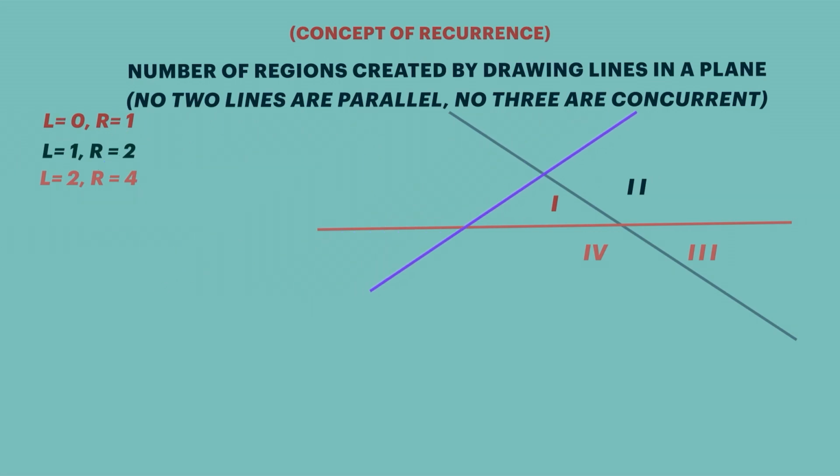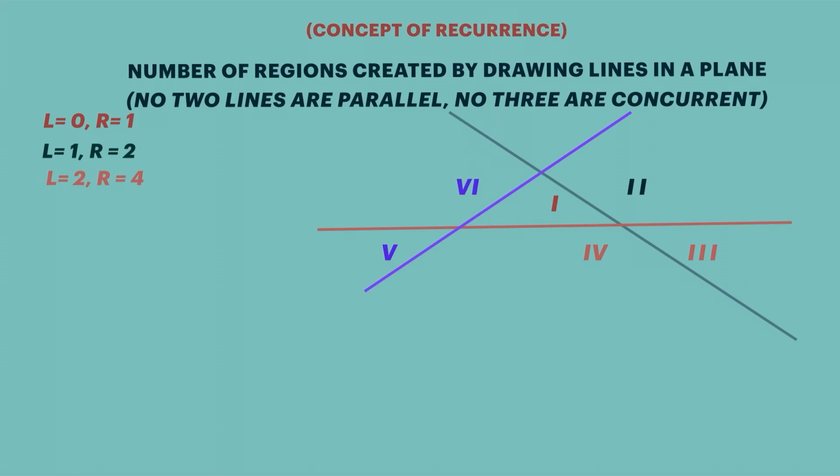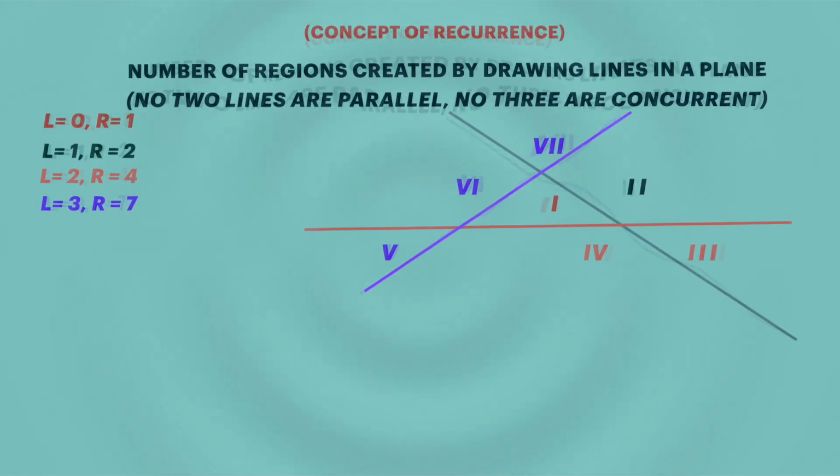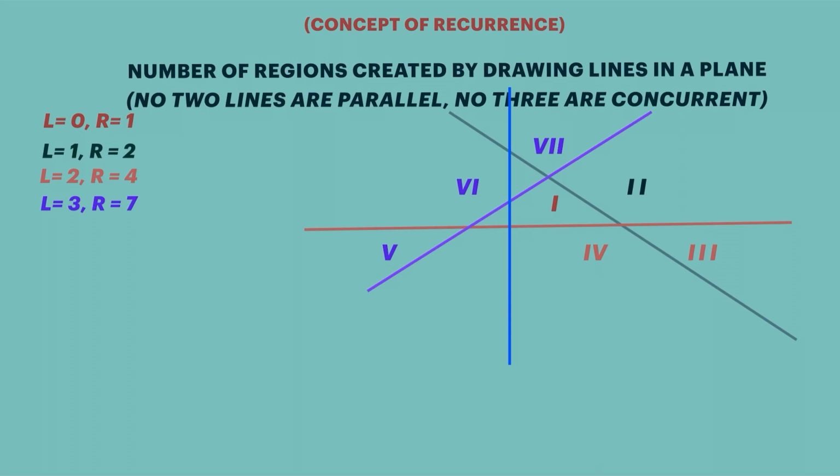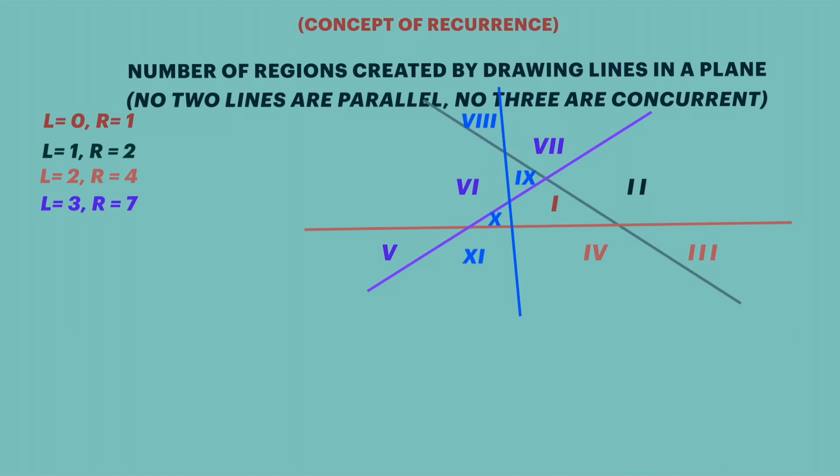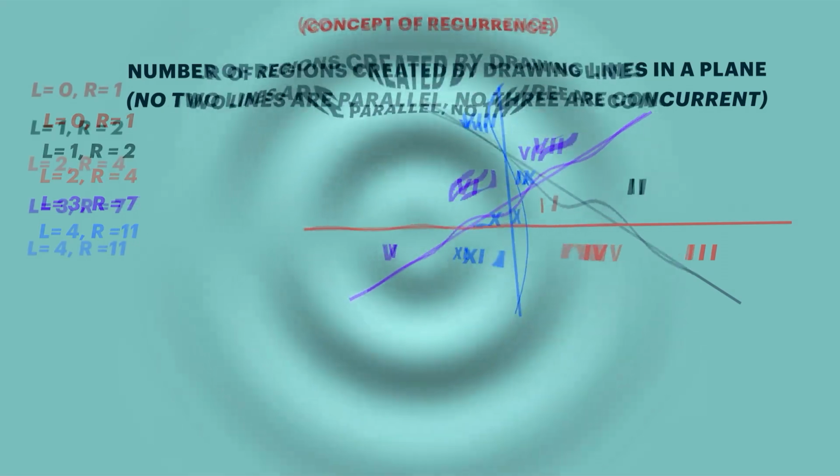So in this way, for three lines, the regions are 1, 2, 3, 4, 5, 6, 7, and for four lines, the regions created are 1, 2, 3, 4, 5, 6, 7, 8, 9, 10, 11. So when L equal to 4, R equal to 11.